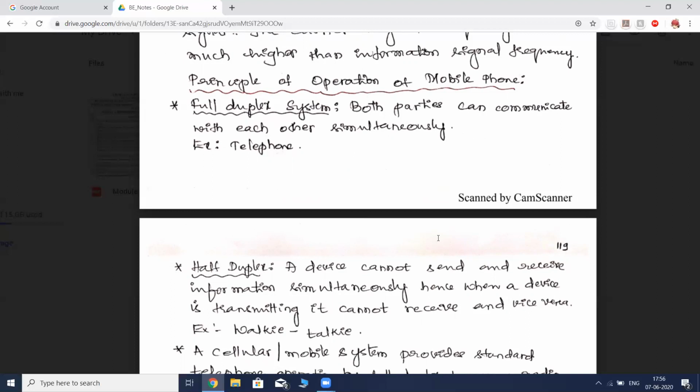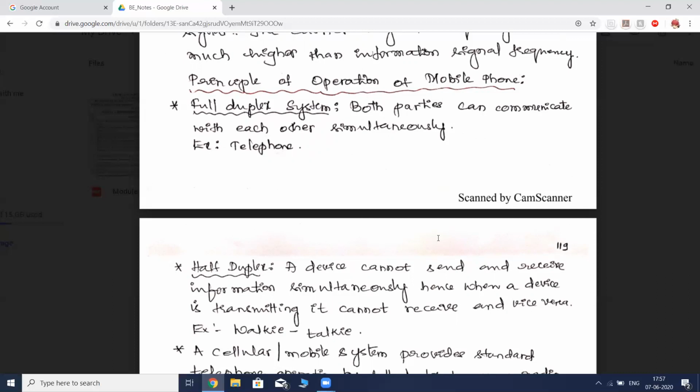The best example of half duplex communication is a walkie-talkie used by the police. Now let us see what a full duplex system is. With this, both parties can communicate with each other, and simultaneous communication is possible.